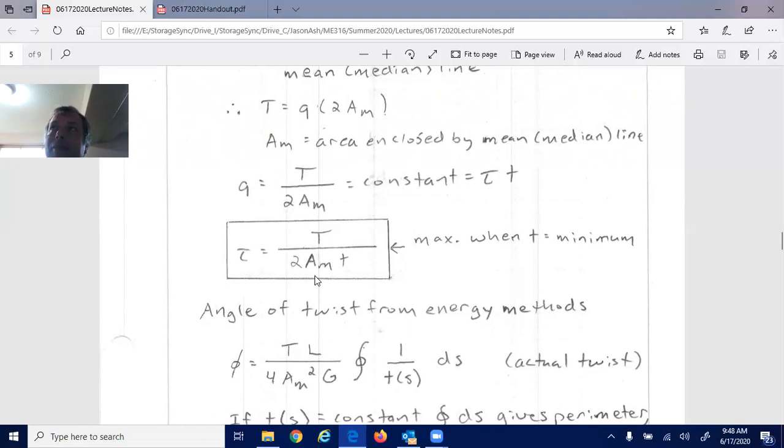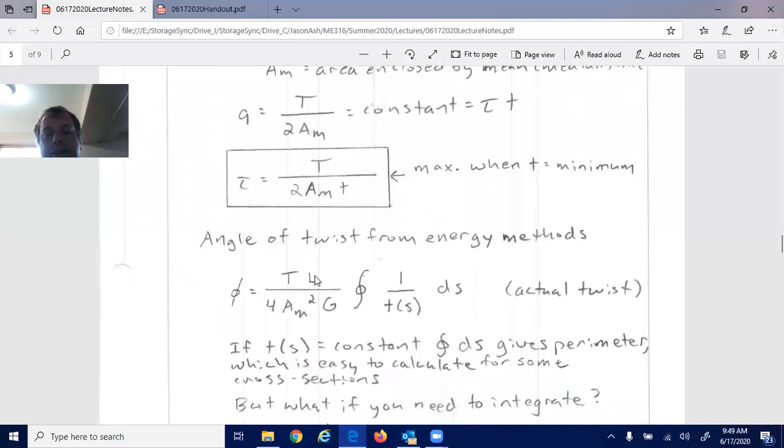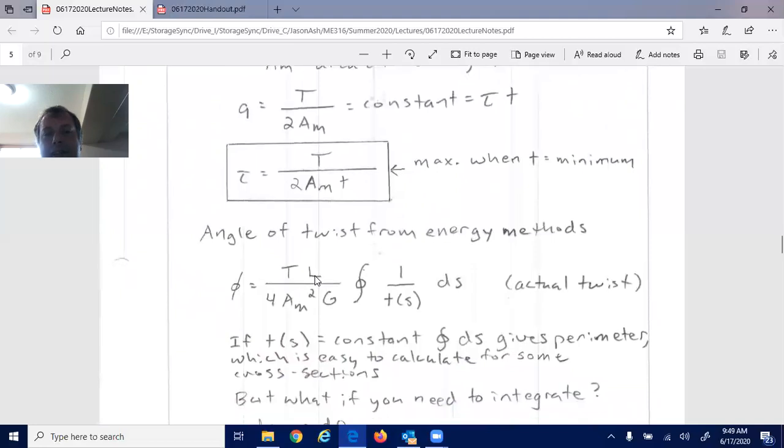Same thing if you're dealing with a triangular tube. I think those would be far less common, but square tubing is something that is hugely common in standard applications. And so that gives us now our relationship for shear stress as a function of torque, AM and the thickness.